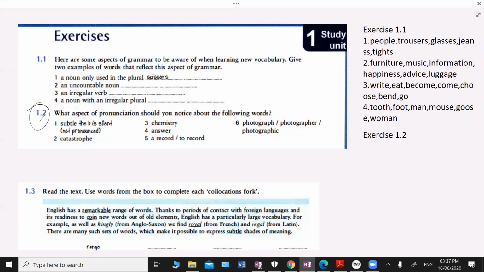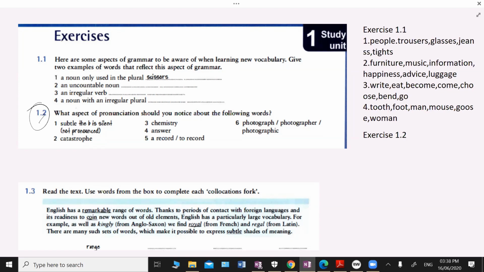Pungent means very strong. Some spices taste very pungent, but some very subtle. Subtle means very light, very little, even less than moderate, not loud. That is called subtle. So what pronunciation aspect do we notice in this word?